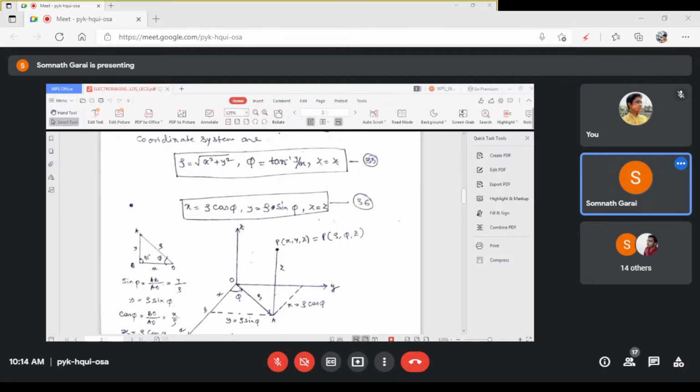Value of phi is tan inverse of the ratio. Minus 3. Just check the value of phi. Sir, minus 71.56. Yes, very good.